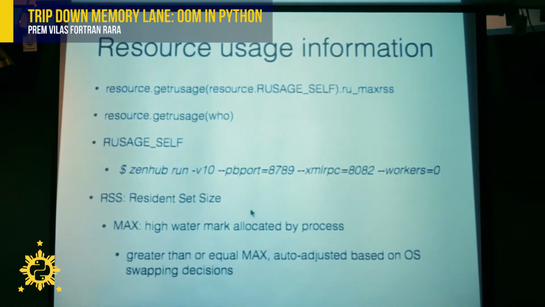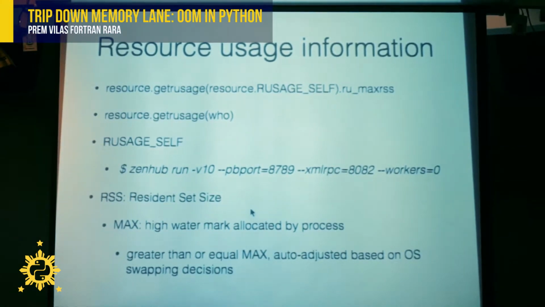The way it does it is it will borrow the memory, so meaning the RSS will now be less than the max. And then when the OS is done, maybe the top priority process is already done consuming the memory, it will return it back to your process. It should never exceed the max. So very straightforward. Always think of max RSS as the amount of memory requested and allocated by your process. So it's a good number to look at.